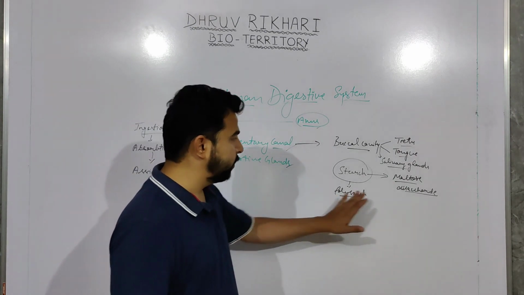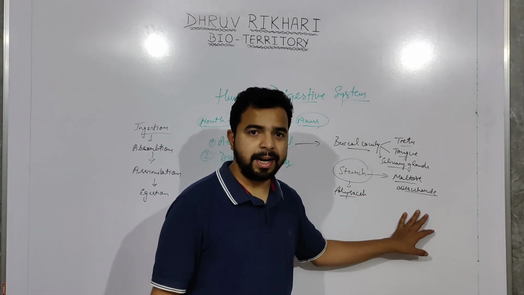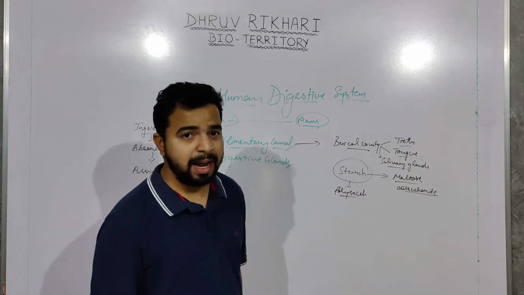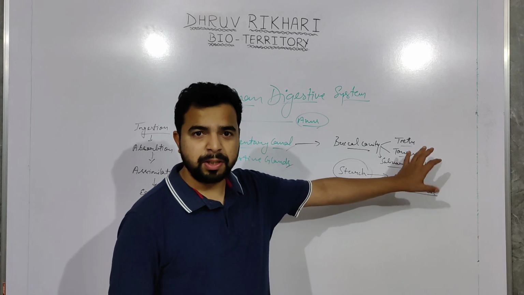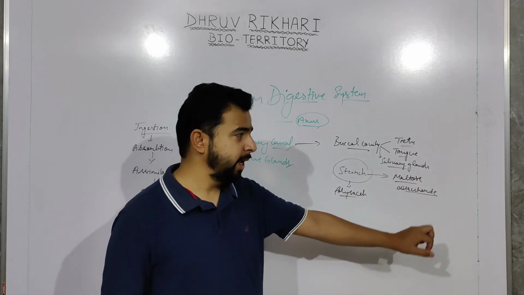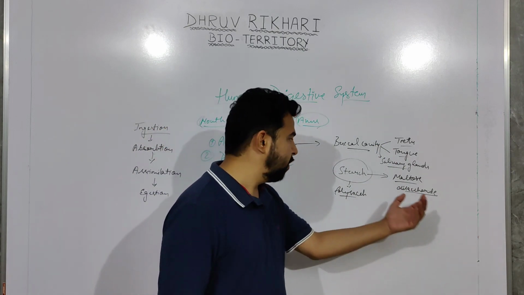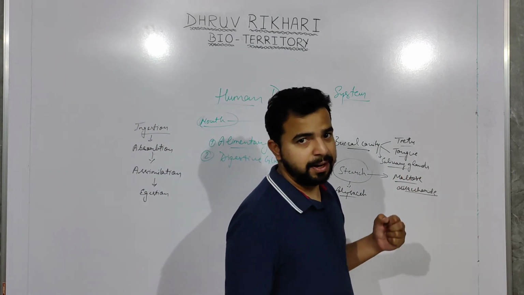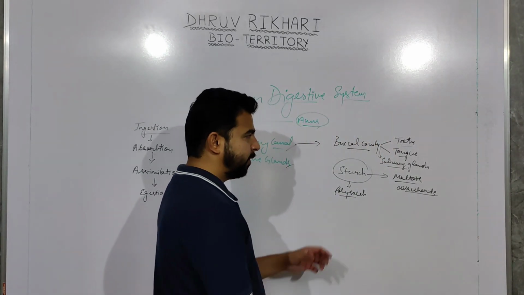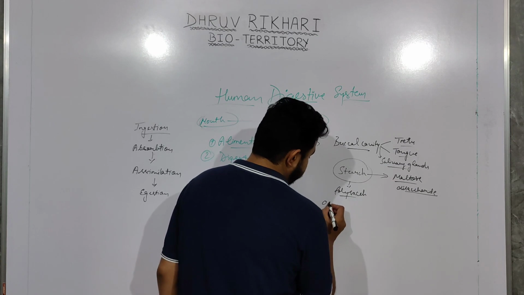This conversion from polysaccharide to disaccharide is due to the presence of salivary amylase, the tongue, which is the strongest muscular organ in our body, and teeth, which help in partial digestion of food, converting complex food into the disaccharide form. Further, when the chyme is formed, it is passed through the esophagus.